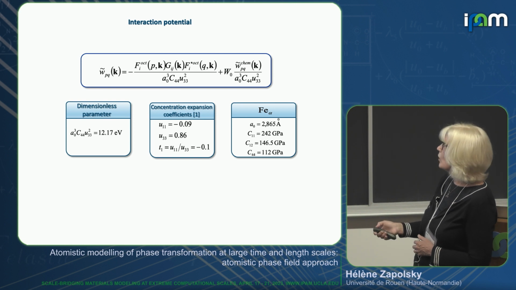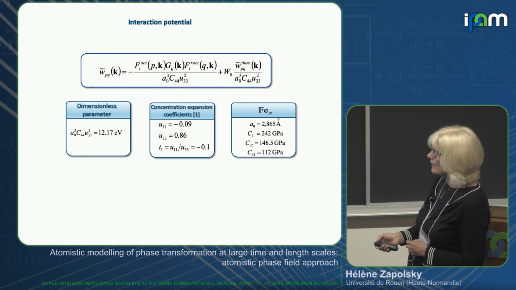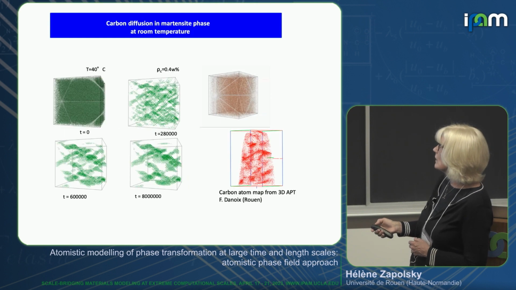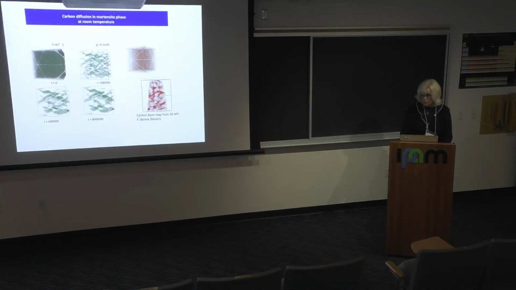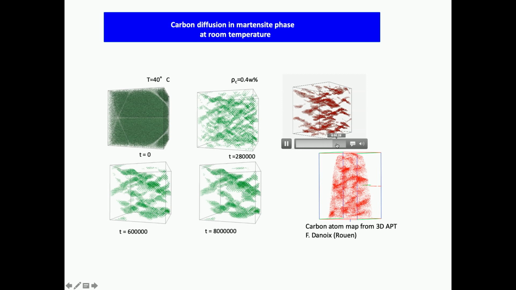Then, put together, we use a dimensionless parameter, built from the lattice parameter, elastic constant, and misfit. Then, using the Onsager equation, or microscopic kinetic equation, we can calculate the evolution of the carbon atoms on these octahedral interstices and obtain the segregation of some carbon atoms in some particular direction.